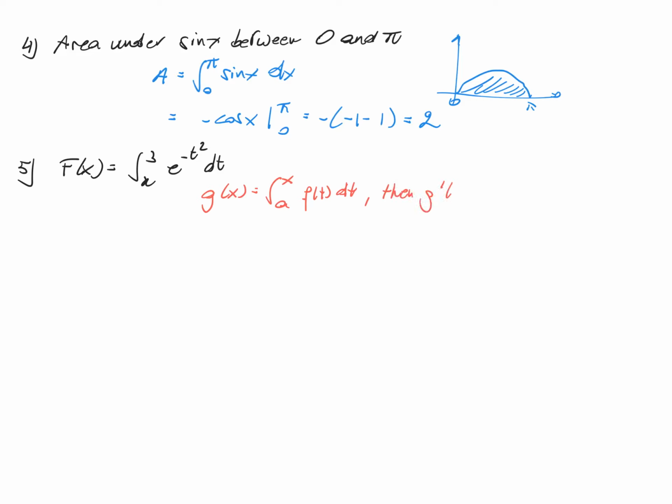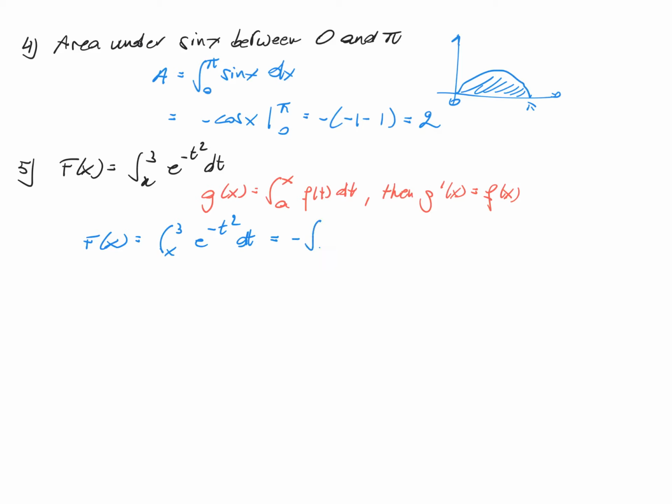Then g prime of x is just f of x. So here f of x is an integral from x to 3 of e to the minus t squared dt. What we want is that x is the upper boundary, so we have to change them, and also the sign changes.